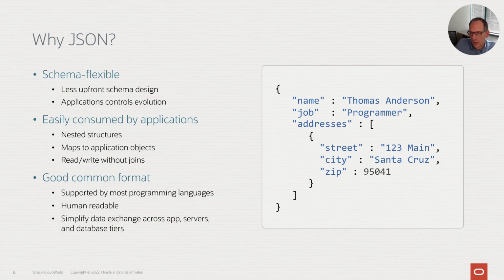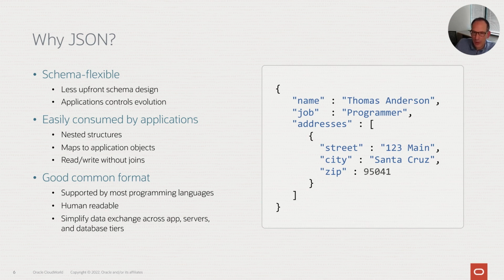Another benefit is really that JSON can easily be consumed by various applications or programming languages. Especially if you're thinking in objects, object-oriented, like Java, for example, you can very easily map your classes to JSON representations and vice versa. So there is no impedance mismatch of mapping your, let's say, Java objects to multiple tables.